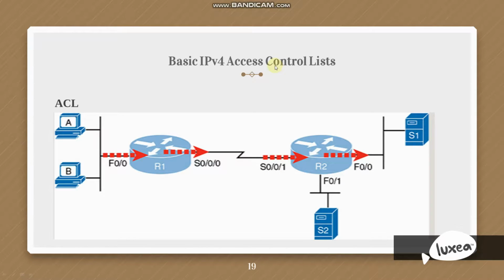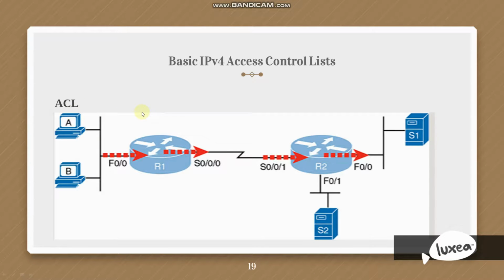ACL can't possibly filter the packet from host B because the F0/1 interface is not part of the route from B to S1 anymore. So, to filter a packet, we should enable the ACL on the interface which processes the packet.